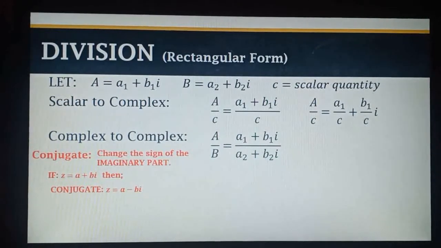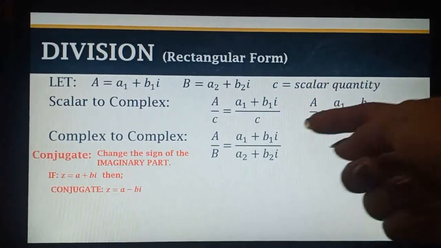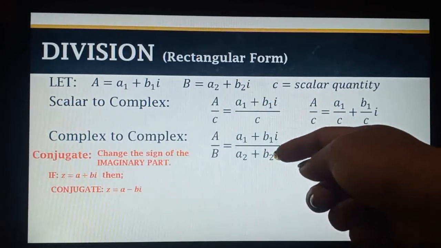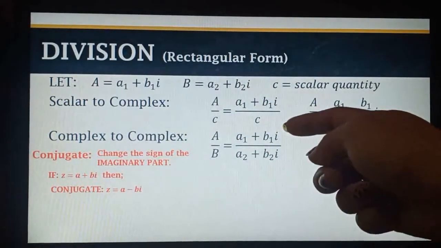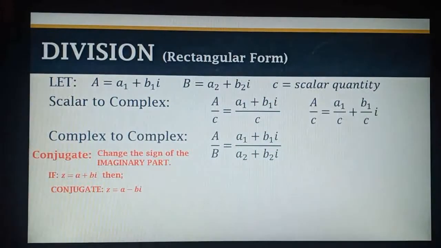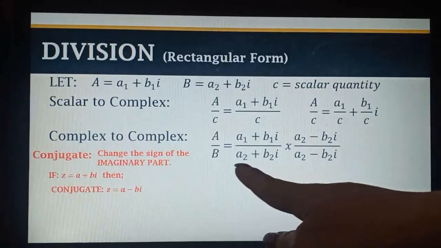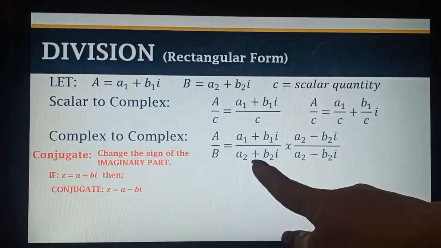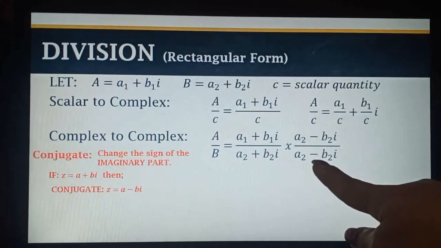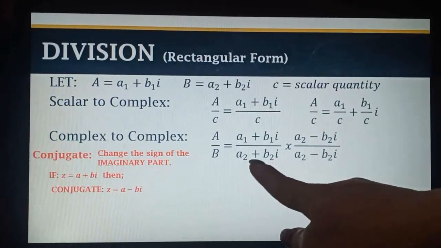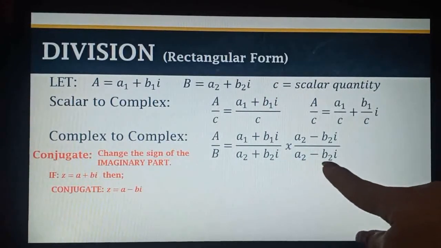So ang gagawin natin to simplify this equation, you have to multiply yung component na to dun sa conjugate of the denominator. So the conjugate of the denominator, since this is plus, you will have minus. So i-multiply natin siya dun sa A2 minus B2I.